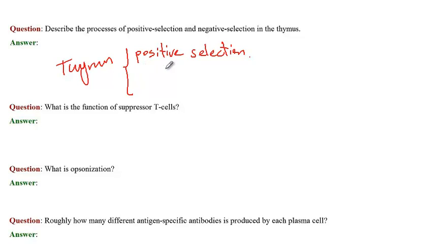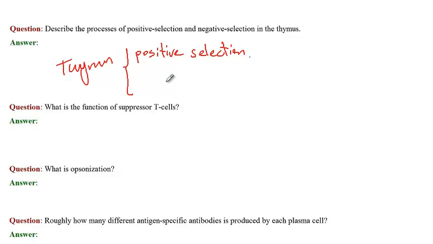In the next step, however, all these T lymphocytes that have survived would undergo another test. At this time, the thymus will see how much affinity these T cells have for the MHC1 antigen. Are they crazy about attacking our own antigen?